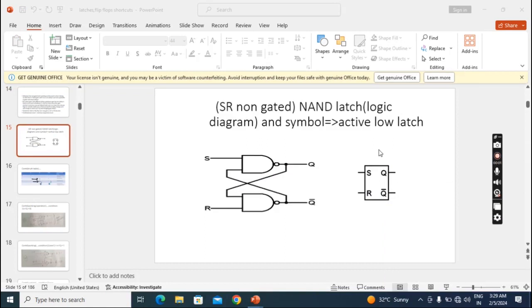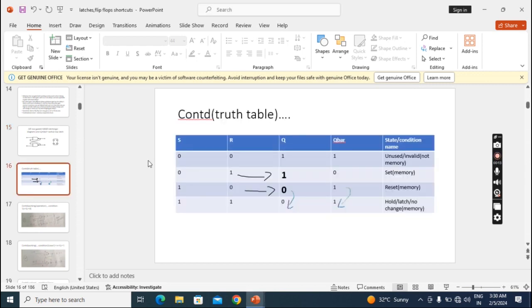In this lecture we will discuss active low latch and active high latch. The non-gated NAND latch is called an active low latch, because if we observe the truth table of this latch, it is invalid or unused when the inputs SR equal to 0, 0. It means when SR is low, it is in the invalid condition. To make it useful, valid, we have to change any one input.